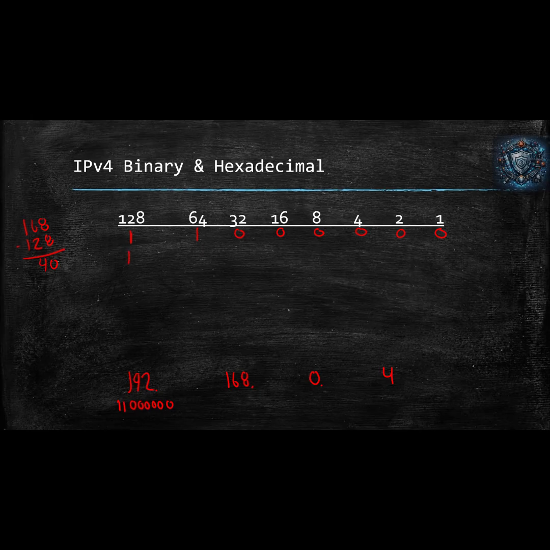Now can we take 64 from 40? Nope, not in this scenario. Not with IP addresses. Can we take 32 from 40? Yes, we can. That leaves us with 8. We can't take 16 from 8. We can take 8 from 8, and that leaves us with zeros.